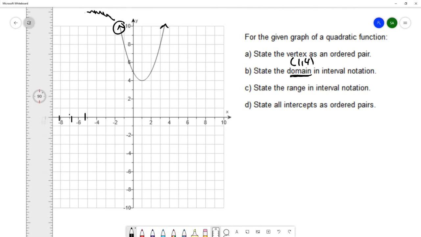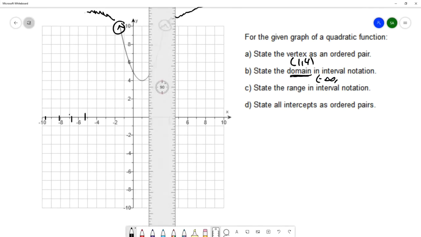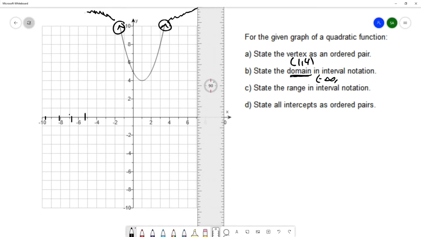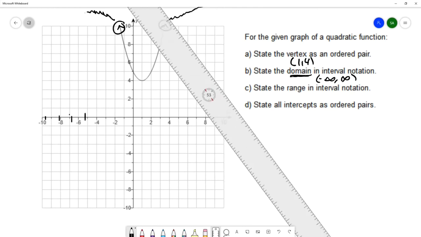We say that it begins at negative infinity. And because of this arrow here, it's going to continue to go up and to the right. There's no stopping point for the x values. So it goes from negative infinity to infinity. That's all real numbers.